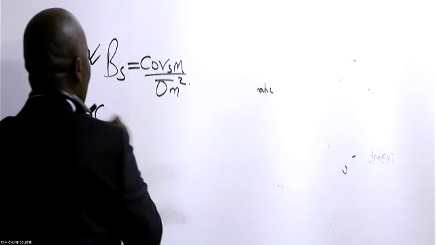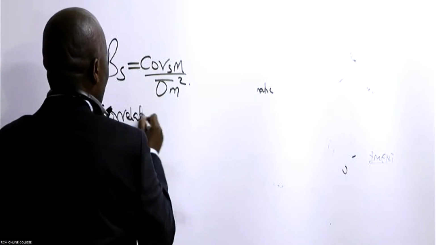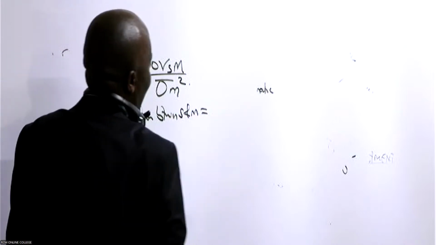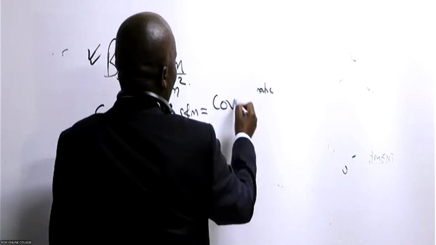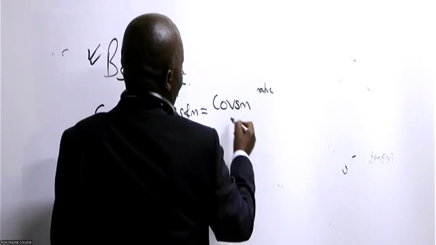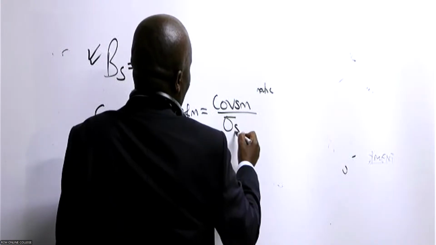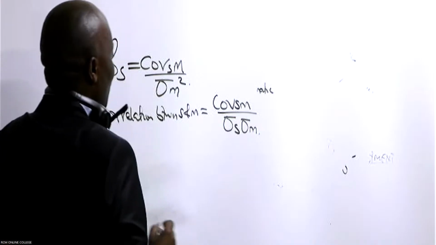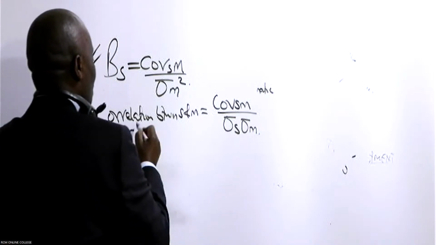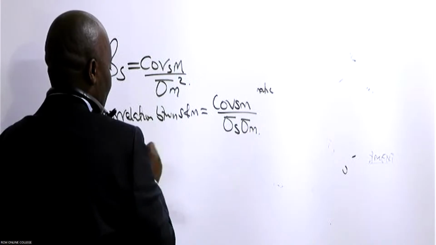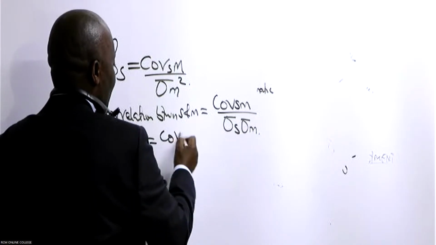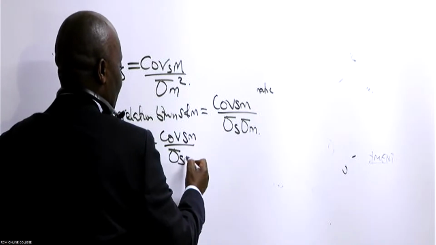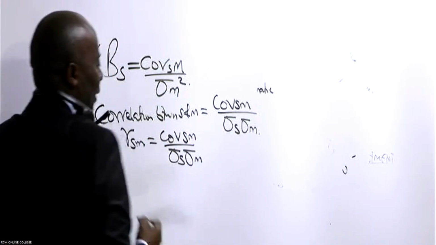If they want us to give them the correlation between S and M, we take the covariance between S and M divided by the standard deviation of S times the standard deviation of M. So please write like that. If they want correlation, it will be abbreviated like this, SM. It will be covariance SM divided by standard deviation of S, standard deviation of M.